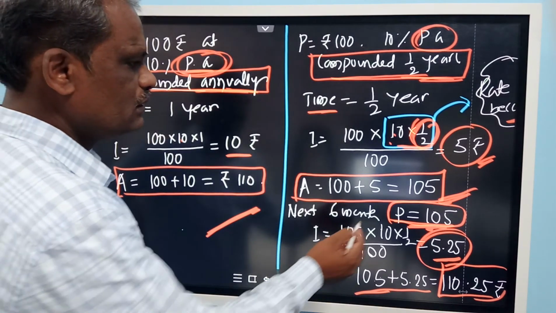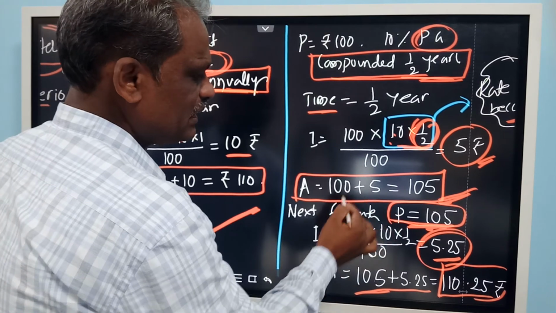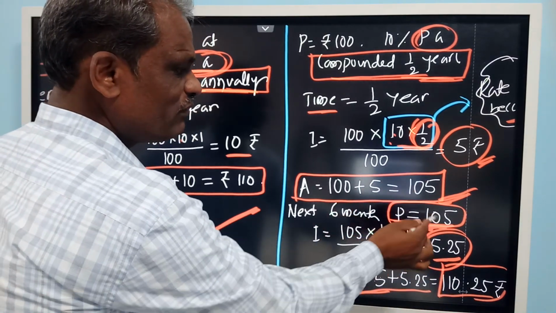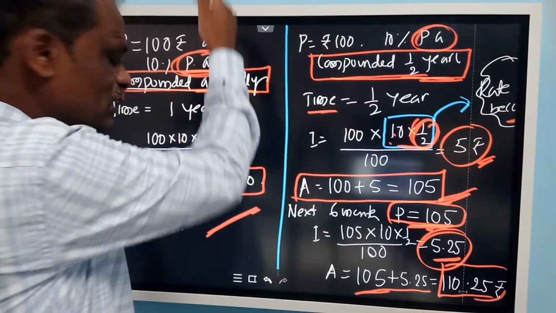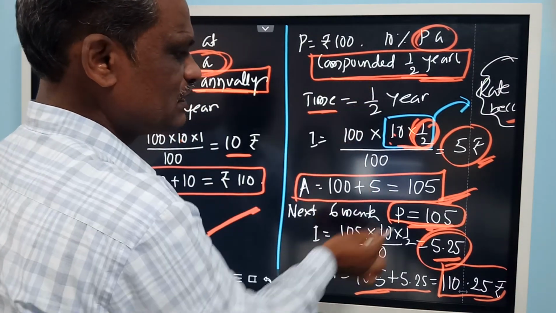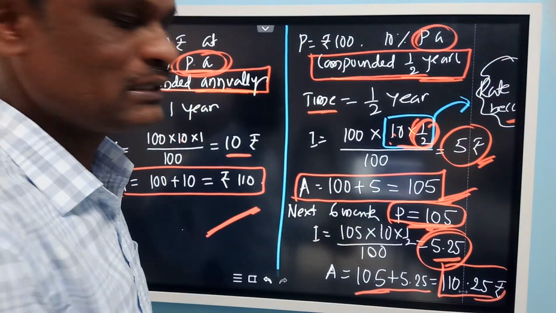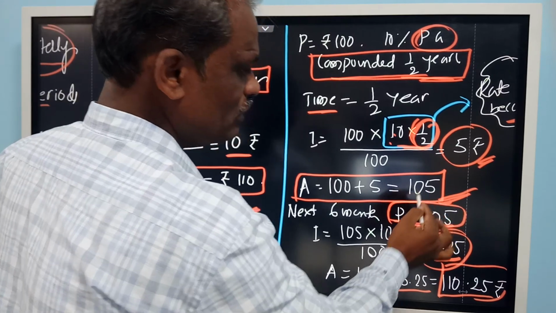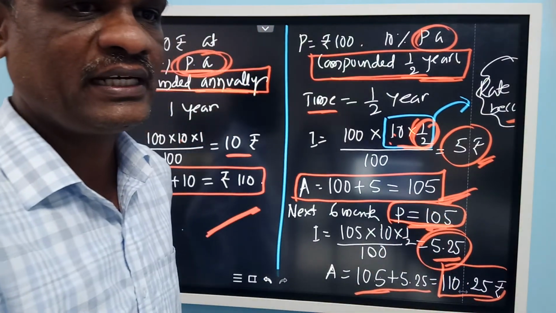See now, 5 rupees extra here. In the second 6 months, the principal has 5 rupees extra. Here it is only 100 rupees for the whole year. But here, only the first 6 months are 100 rupees. In the next 6 months, the principal becomes 105 rupees. So you are calculating interest on this amount. Therefore, you are getting 0.25 extra.